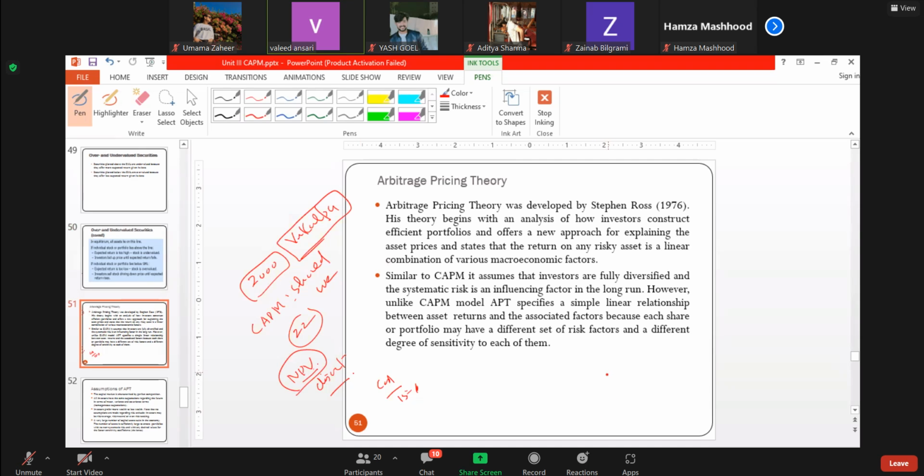But CAPM has come under severe attack because of some empirical findings which describe that the relationship between risk and return as measured by beta is not statistically significant, or the relationship is not positive and significant as CAPM tells us.